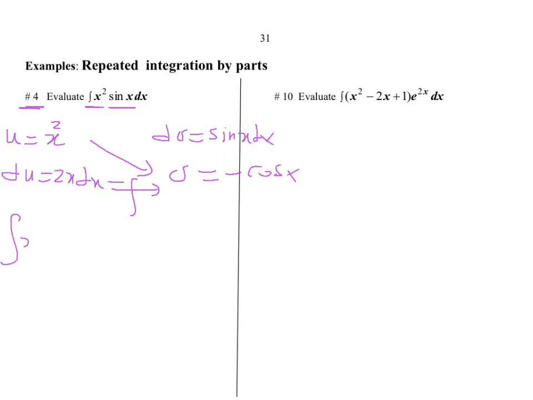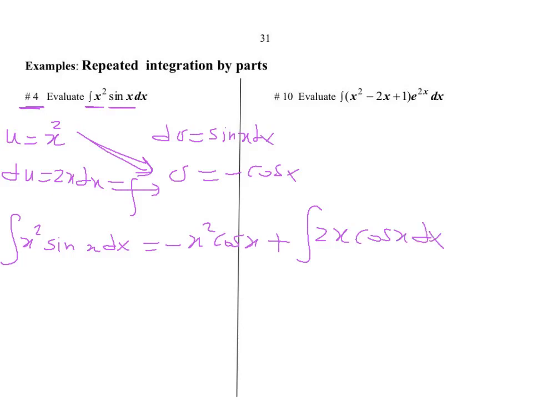So integration of x square sine x will be equal to minus x square cosine x, which is uv, minus v du, so it's going to be plus 2x cosine x dx. But this is again a product, so it has to be done again by parts. We have to take u as 2x and dv as cosine x dx. So we have to repeat by parts because we had x squared. But I'm going to show you later on how to do this using the table form.